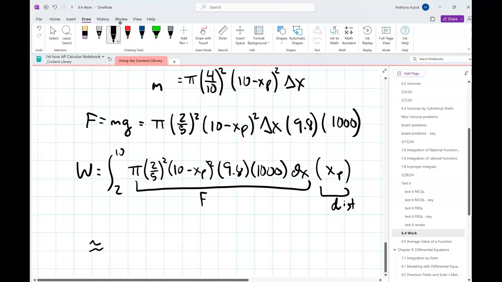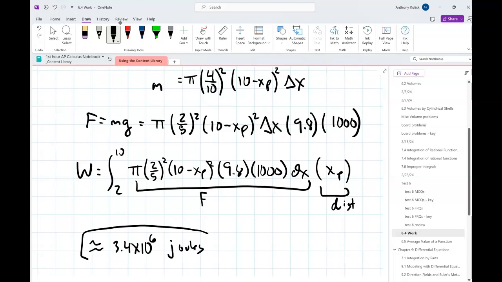Is this considered relatively challenging? Yes. And in all honesty, when you do stuff like this on the AP exam, it won't be this physics-centric.